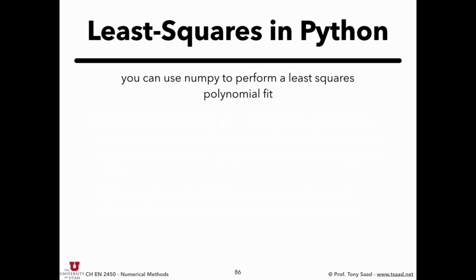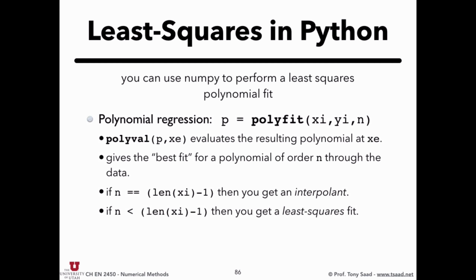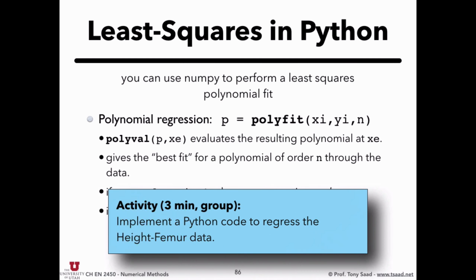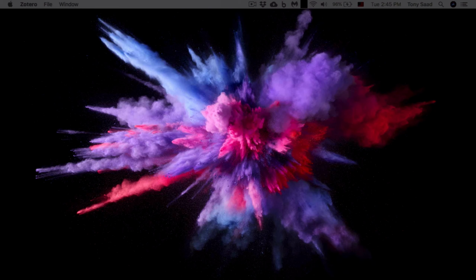Now I want you to pull up the height and femur data that we worked on last time, the notebook. If you don't have that notebook, I uploaded it to Canvas.